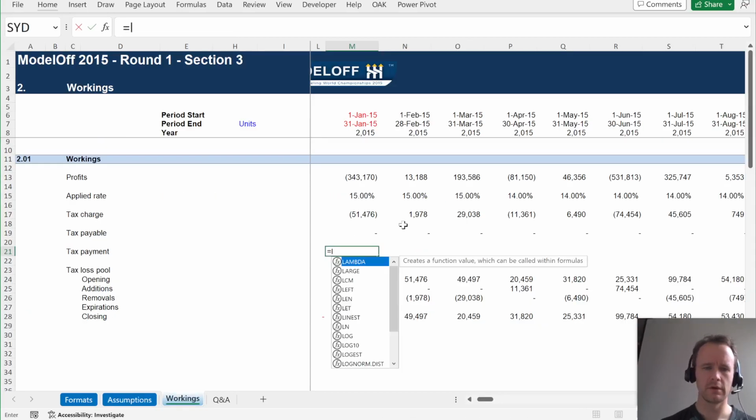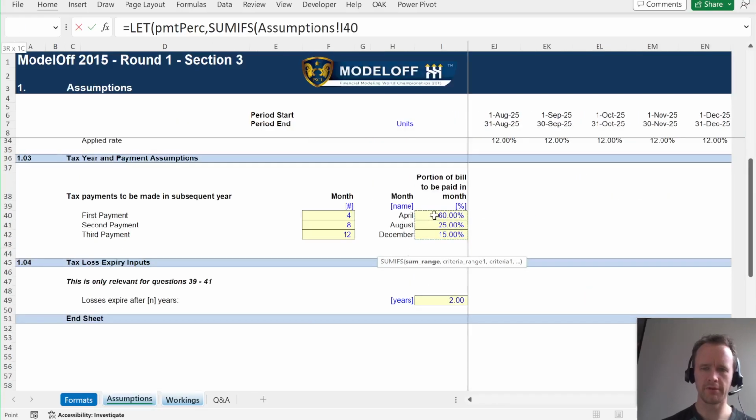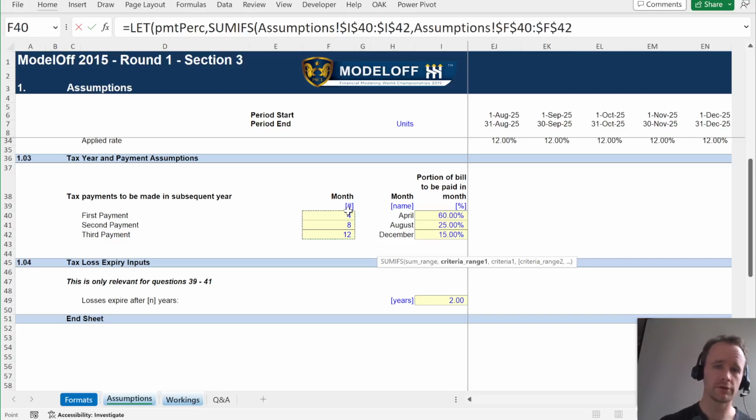So let PMT percentage be, this is going to be some ifs, add up these percentages where this month. You could also do a lookup from here to here with an IFERROR, or with an XLOOKUP with an optional argument for what to do if there's nothing.